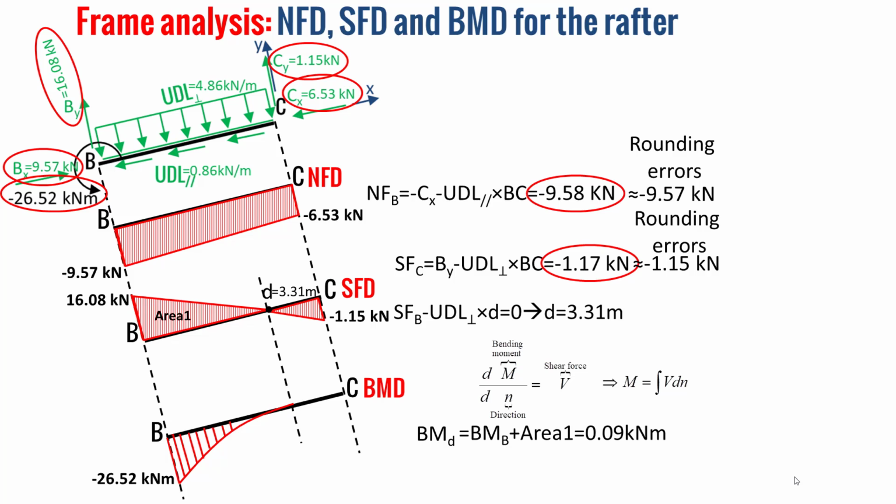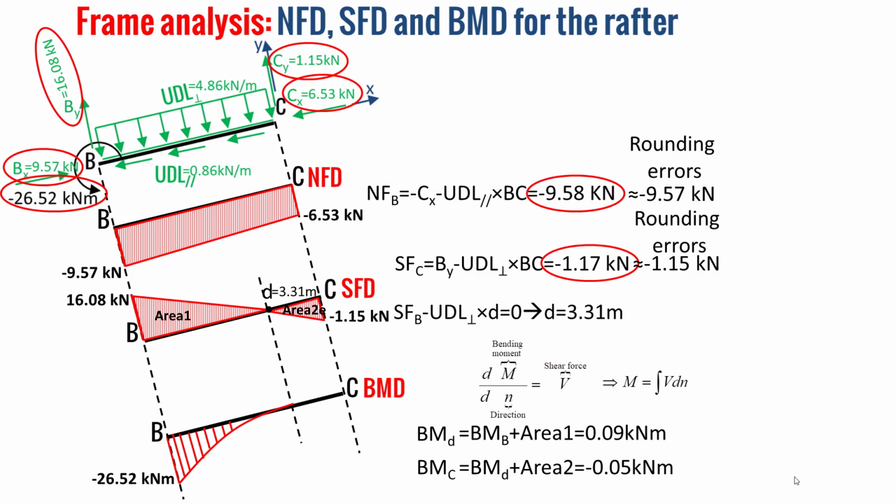0.09 kilonewton meter. In the same way, we can determine the bending moment at the point C as the bending moment at the point D plus the area 2, which is the area of the shear force diagram after the point D, which is a negative area.